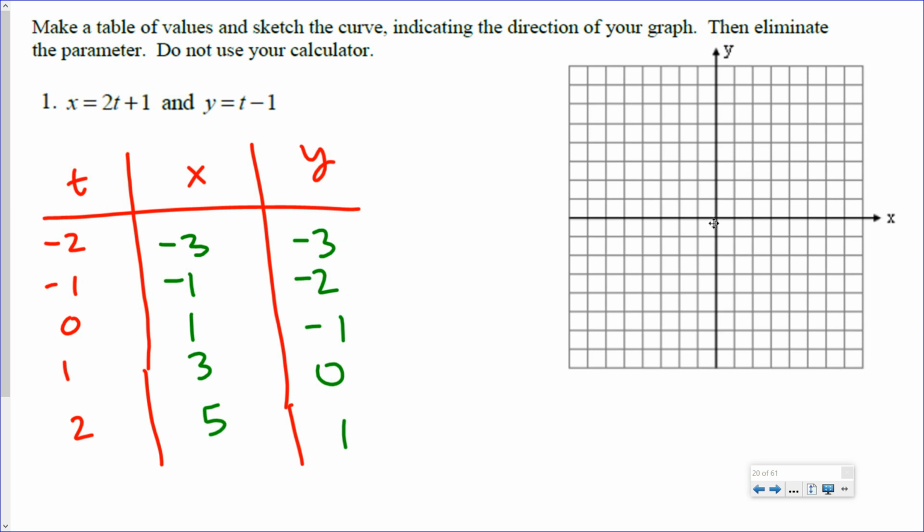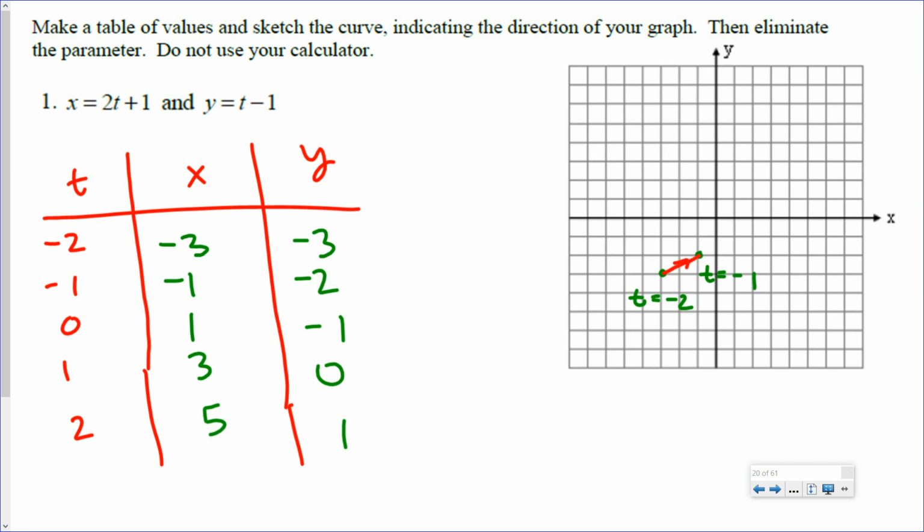Let's plot -3, -3 first. This is where I am when time is -2. When another second passes, now I'm at -1, -2. So let me go find -1, -2. This is where I am when time is -1. So which direction did I travel? I went that way. Everybody good with that?